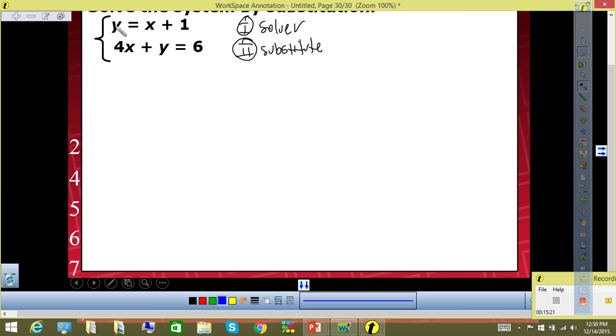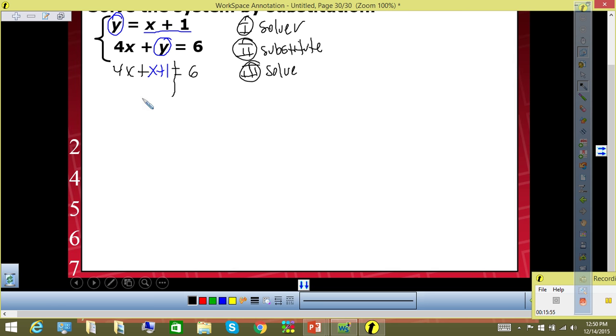So, let's look at the second one. Substitute this equation into the second. So here we said y is equal to what? x plus 1. So on the second equation, instead of writing y, what am I going to write? x plus 1. Bring everything else down. 4x plus x plus 1 equals 6. Bless you. Step 3, we're going to solve for the remainder. So, can we combine like terms? Yes.